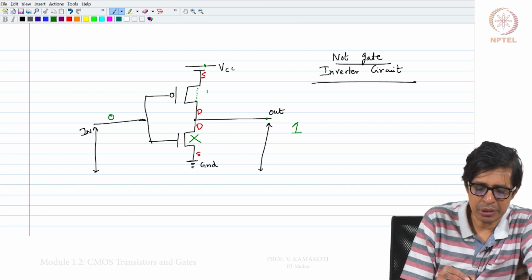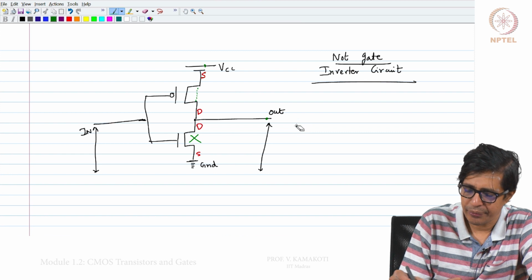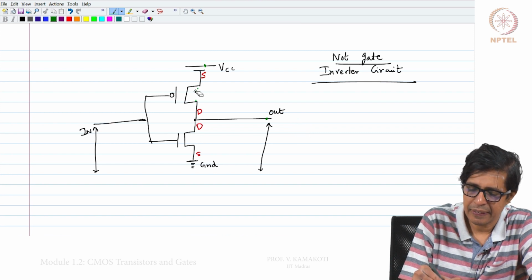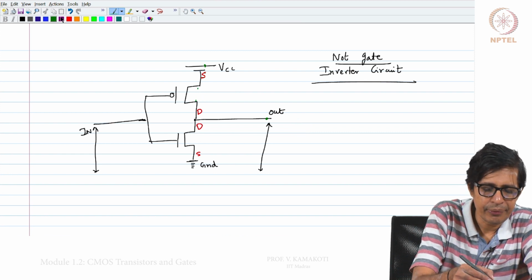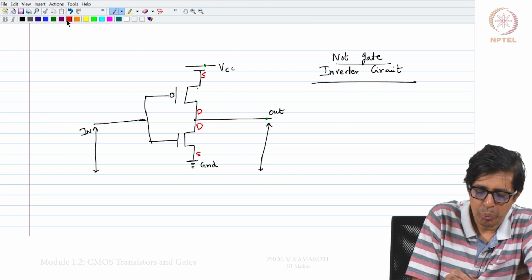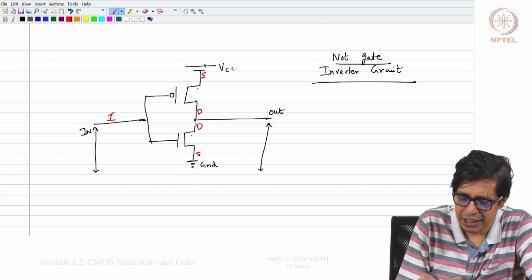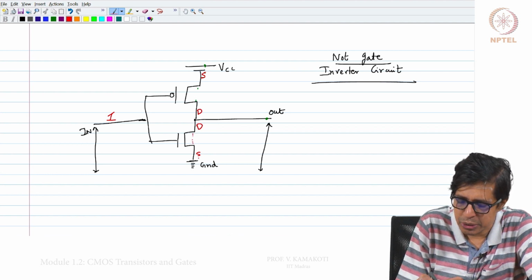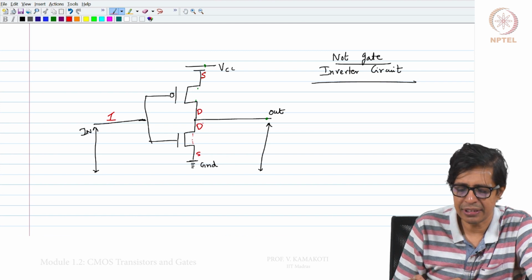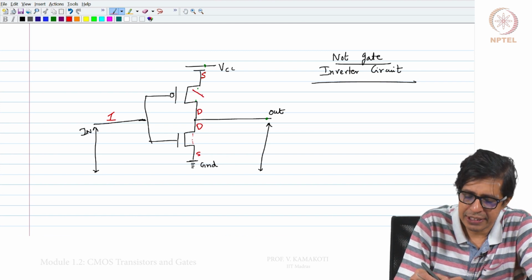Now, let us apply a 1 to this circuit. When I apply a 1, the N transistor is switched on, that means this source is connected to the drain, while the P transistor is switched off.